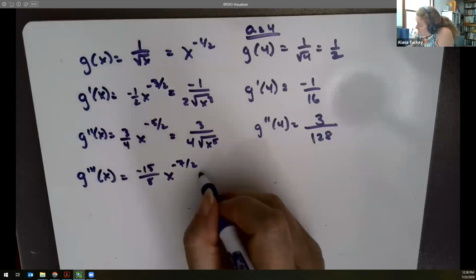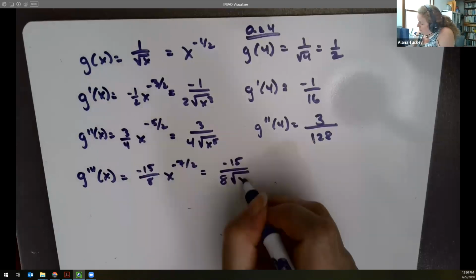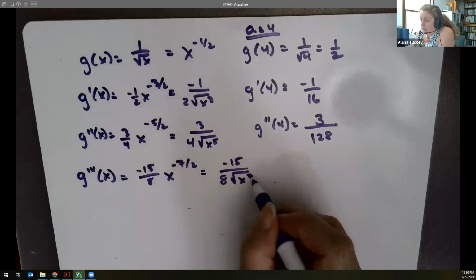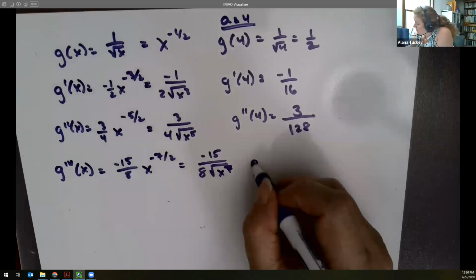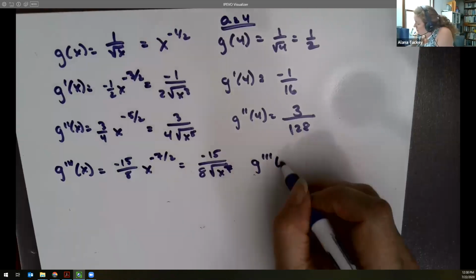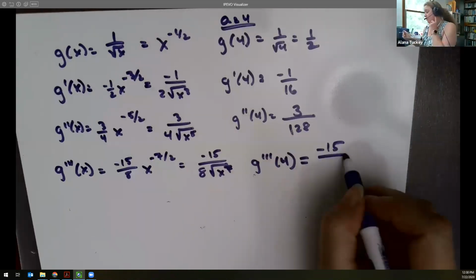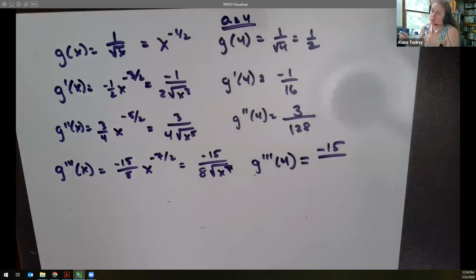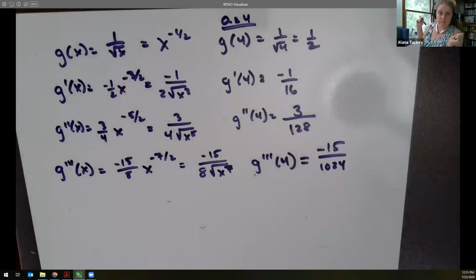Which would be negative 15 over 8 square root of x to the 7th, like that. I'm only doing that to help myself because I'm trying to be able to do this in my head, although I can't. So this will be negative 15 over square root of 4 is 2. 2 to the 7th is what, 128. 128 times 8 is 1024. There you go.